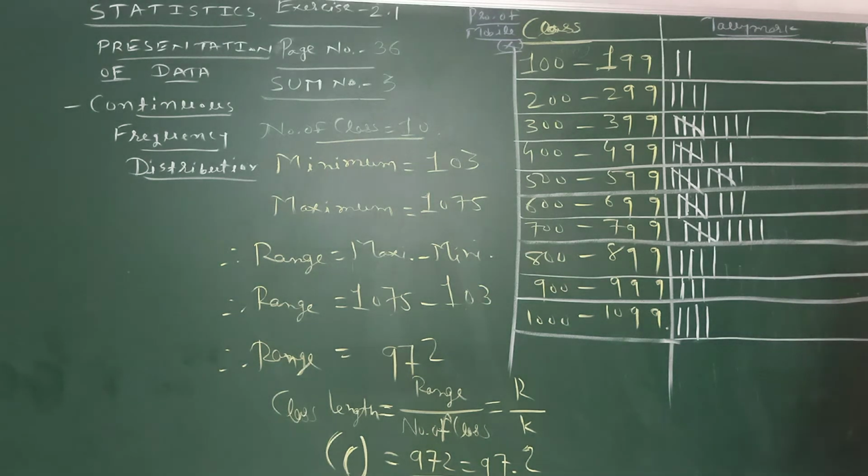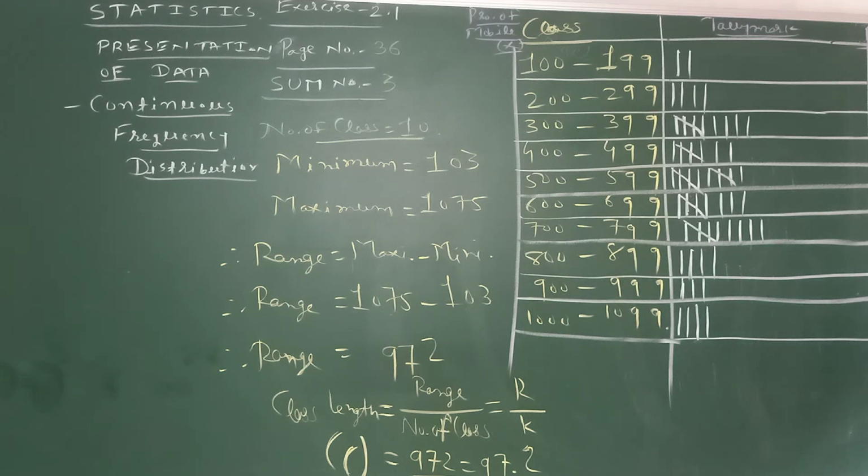At last, my dear friends, we have to do the total of the tally marks, that is our frequency f. 2, 4, 5 plus 4, that is 9, 5 plus 2, 7, 5 plus 5, that is 10, 5 plus 3, 8, 5 plus 4, 9, 4, 3, and 4.